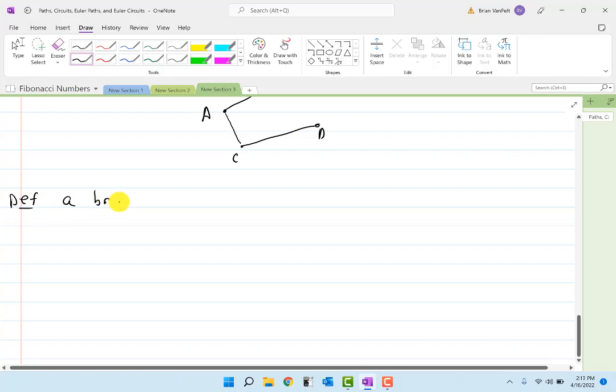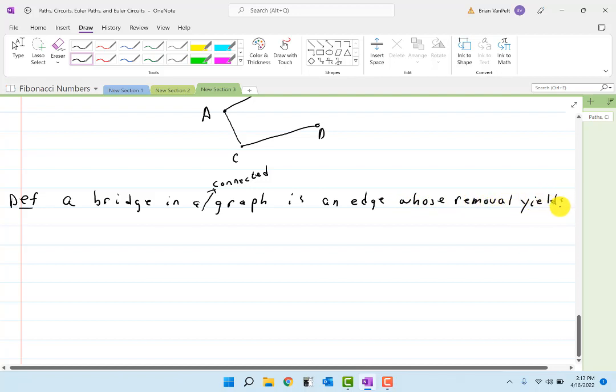A bridge in a graph, I probably should say a bridge in a connected graph, is an edge whose removal yields a disconnected graph.